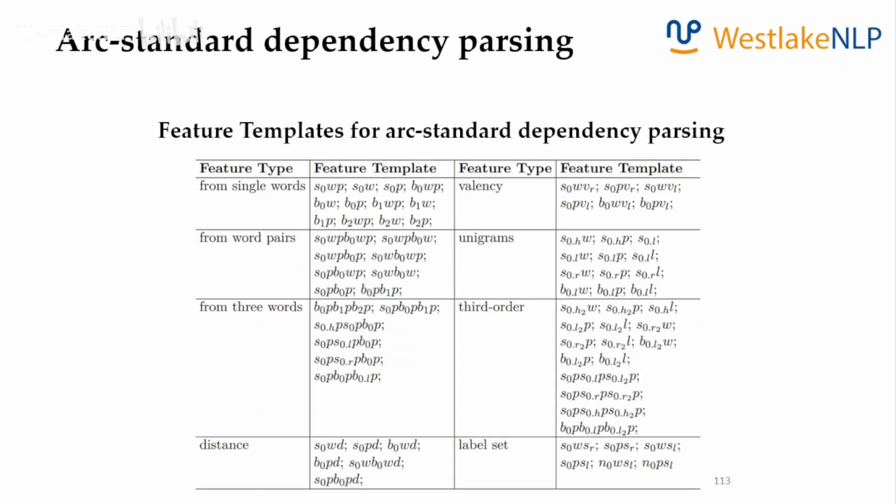The next slide shows you a set of feature templates. These are information composition from sigma and beta, and you consider the words, part of speech, dependency labels, etc. I will not detail the content. I leave it for you to read. Okay, this is the arc-standard parser.